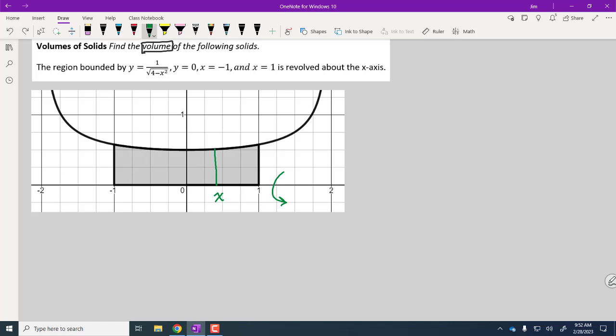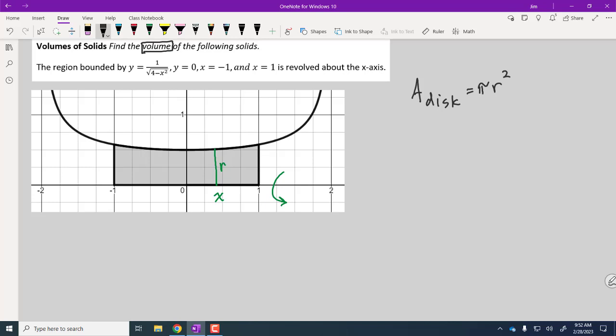And that's going to give us a disk. So that's going to rotate around and give us a disk. The radius of the disk is right there. It's the function value. And so the area of a disk is pi r squared. And the radius is the function.